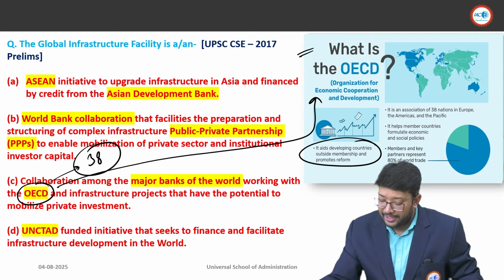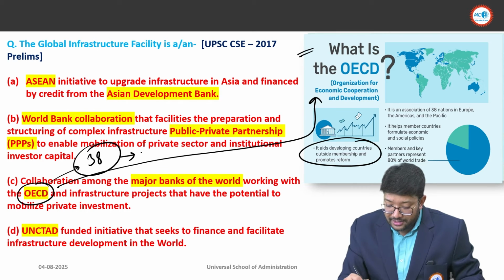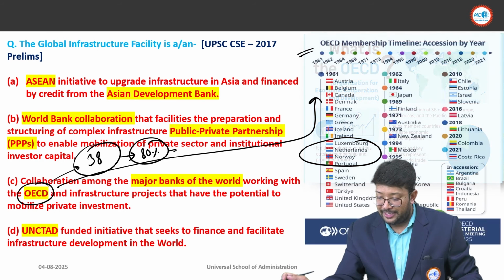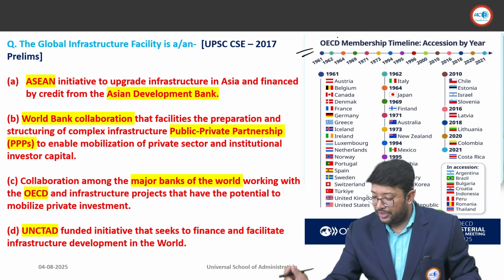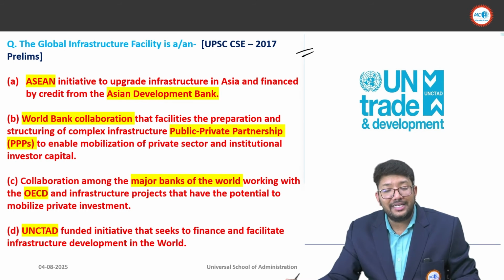And all these 38 countries account for 80% of world trade. Okay, that is our OECD. OECD memberships are according to timeline. We don't need to remember that, it is just for information. And the United Nations Conference on Trade and Development, that is UNCTAD.